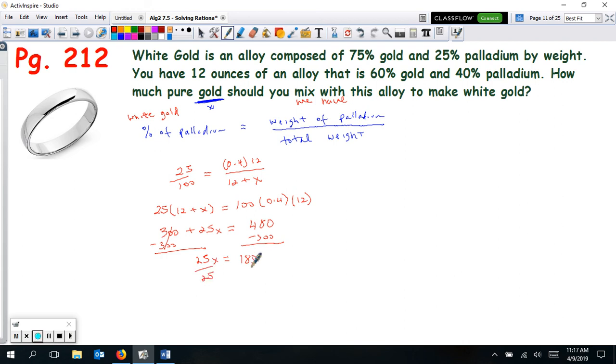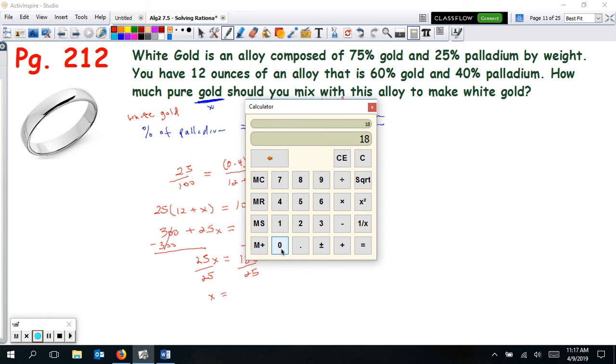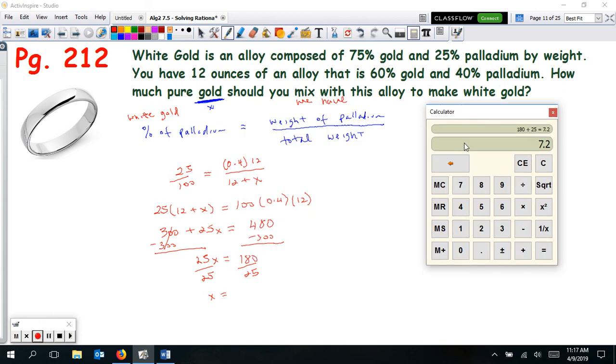And then we want to divide by 25. And so x is equal to 180 divided by 25. Let's go to our calculator. 180, that's not going to come out perfectly there, divided by 25 is 7.2. So 7.2.